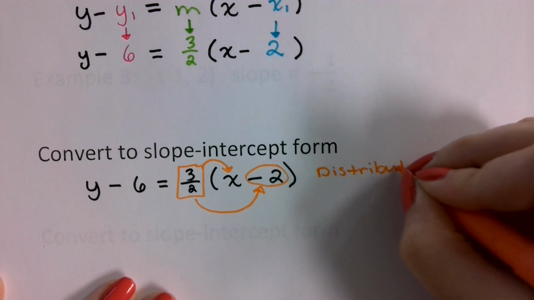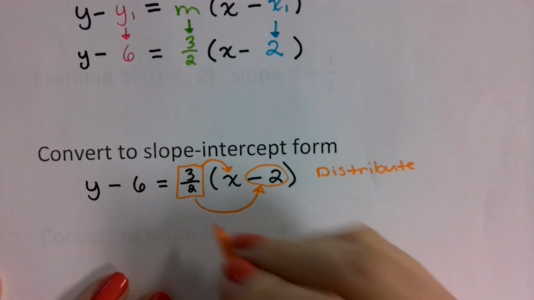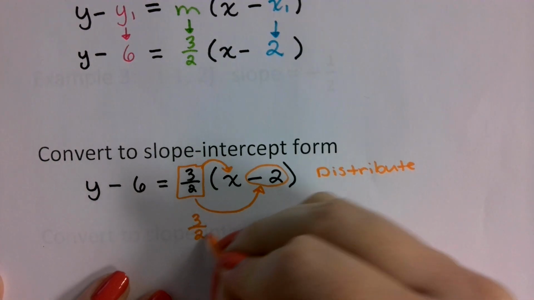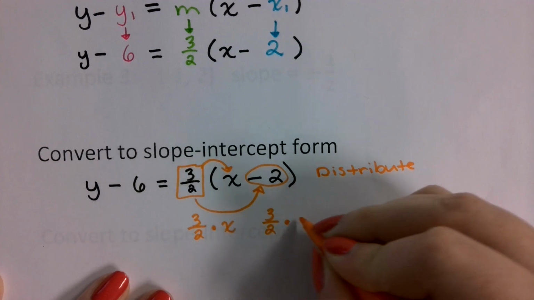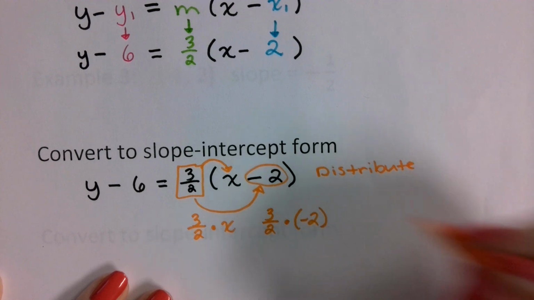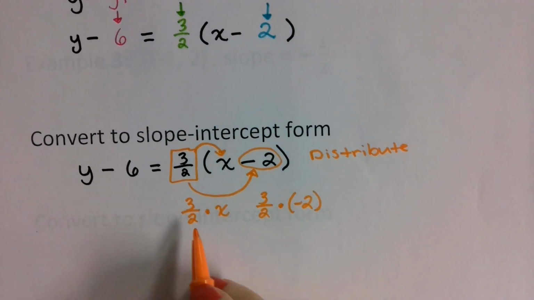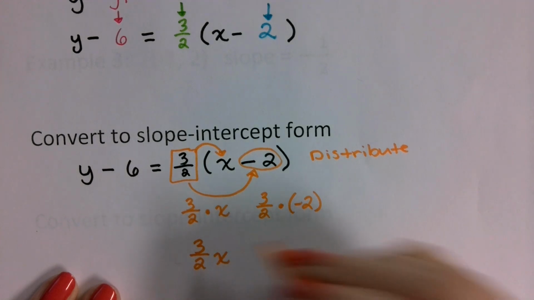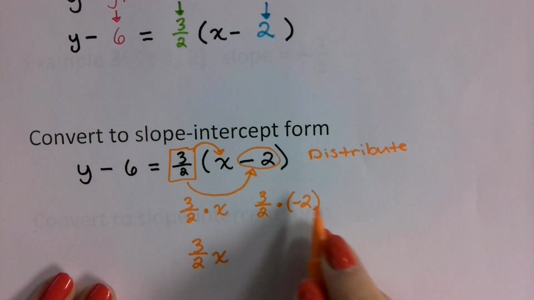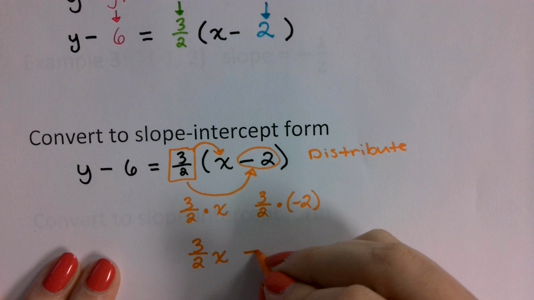So we need to make sure we distribute first. So we're doing 3 over 2 times x, and we're doing 3 over 2 times negative 2. 3 over 2 times x is just 3 over 2x. 3 over 2 times negative 2 just comes out to a negative 3.